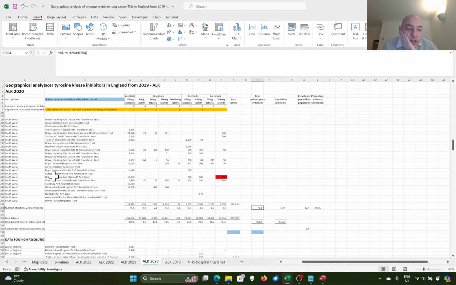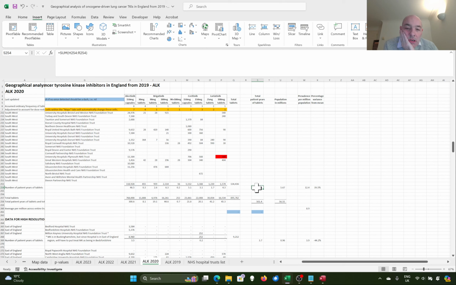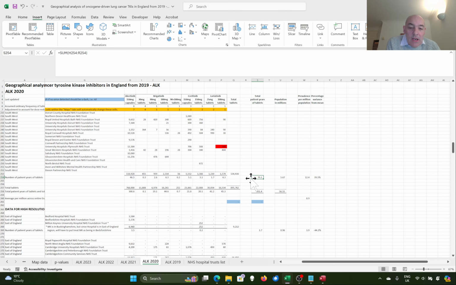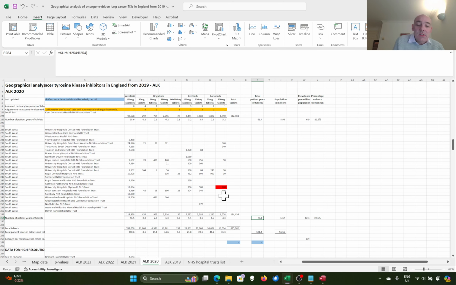So for instance, looking at the southwest of England here, there's an average, I should say, of 70.1 ALK patients according to my model in southwest England. Bear in mind that's just a central figure. There's a range of possible values, so it might be somewhere between 60 and 80 or something like that.